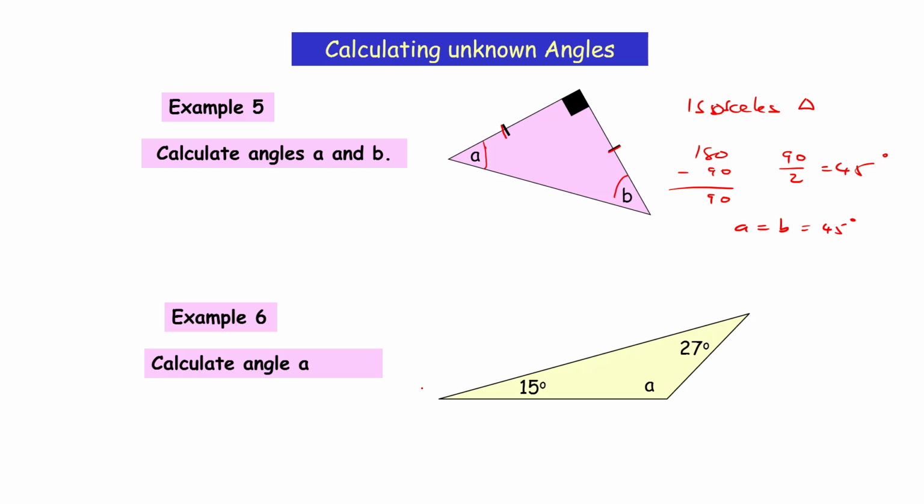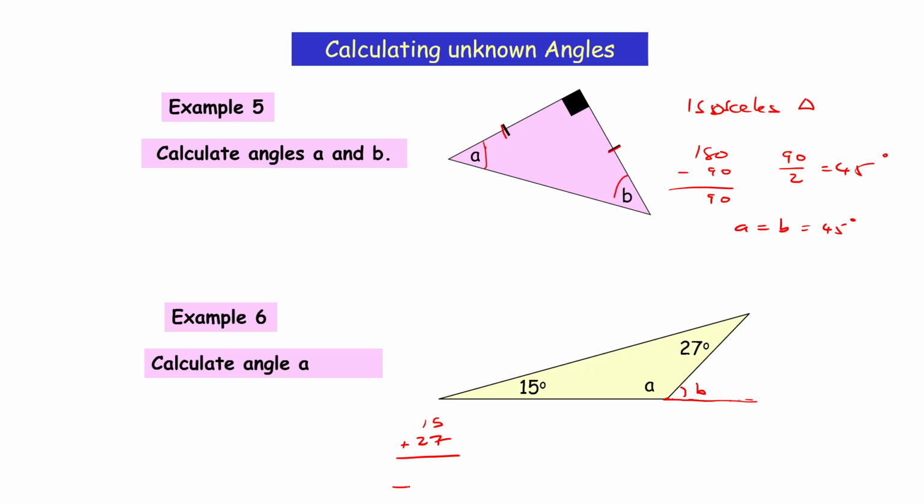And in this example here, a scalene triangle, the sides have no relation to each other. I tell you what, let me just draw a little line here, and I'll call this angle here B. We want to find angle B as well. So we want to find A and B. To find A, I add what I know, 15 plus 27.